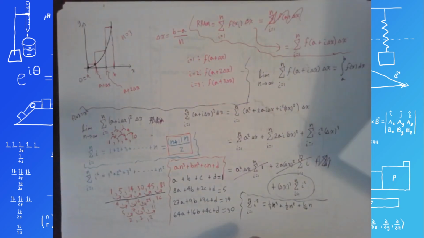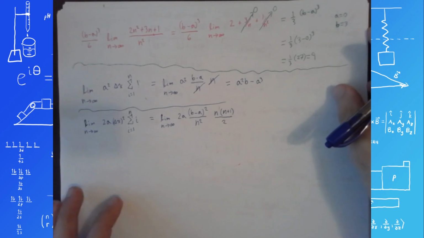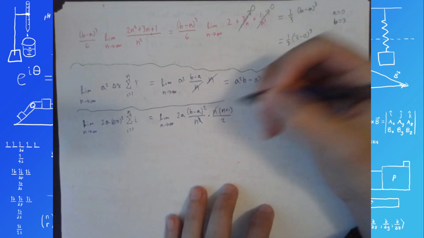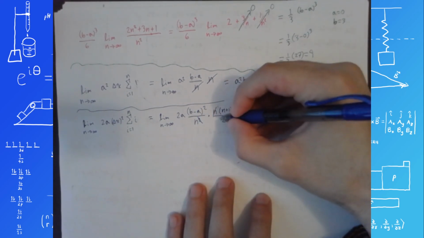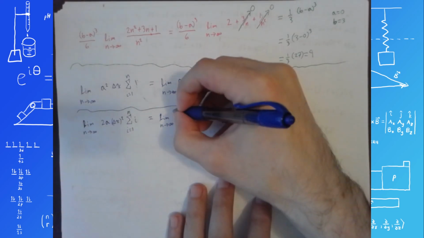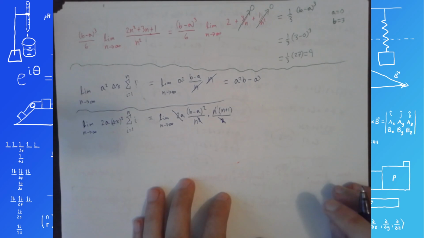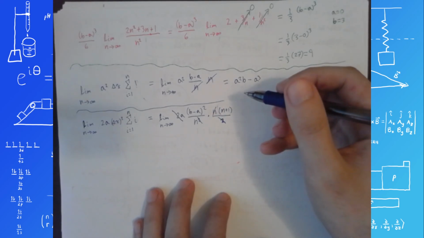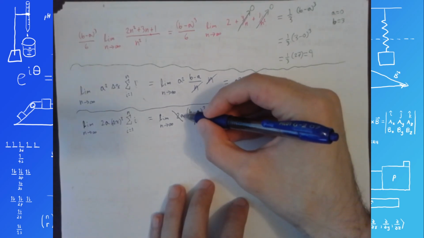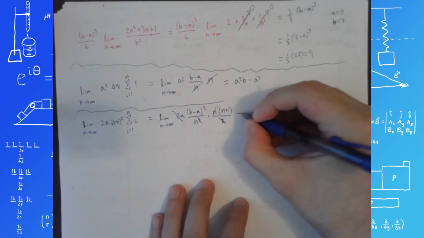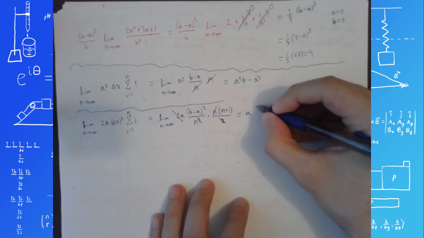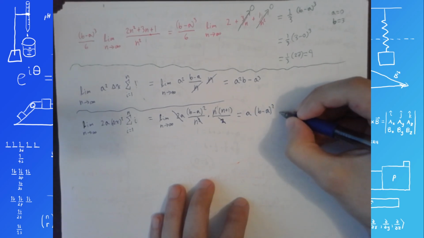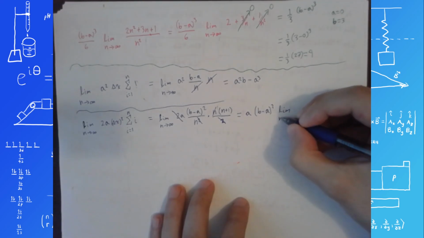Did I copy that correctly? n plus 1 times n over 2, same thing. Okay, one of the n's cancels out there. This 2 cancels out with that 2. And then n plus 1 over n. Well, I can factor out the a and the b minus a squared, so a times b minus a squared can be factored out of the limit since they don't depend on n.